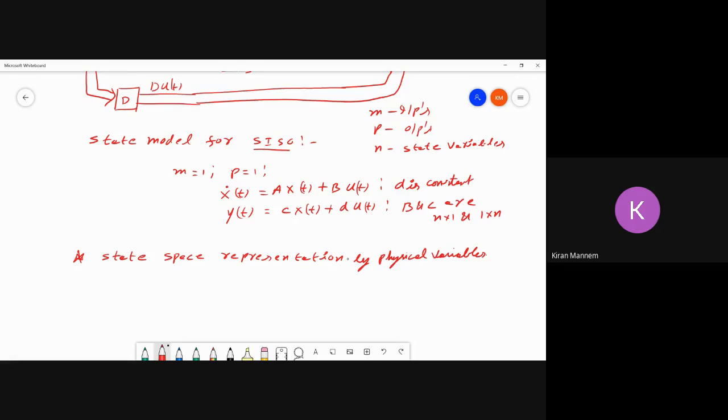To understand the state space representation by physical variables, we just take one physical variable system, that is an RLC circuit.